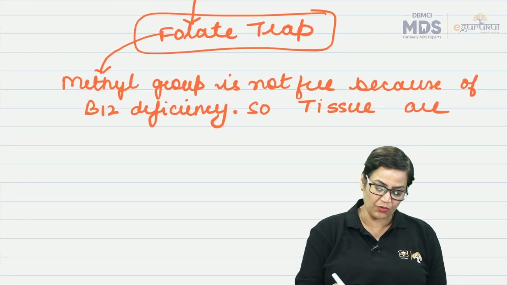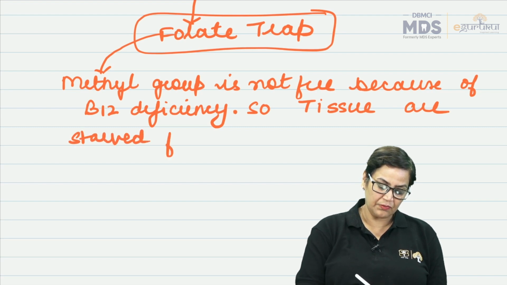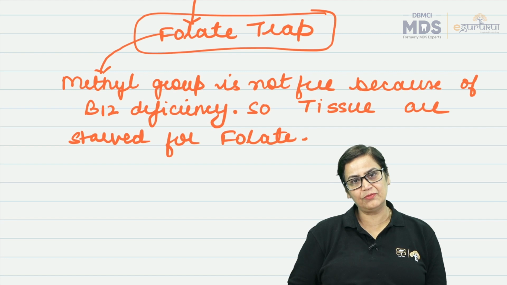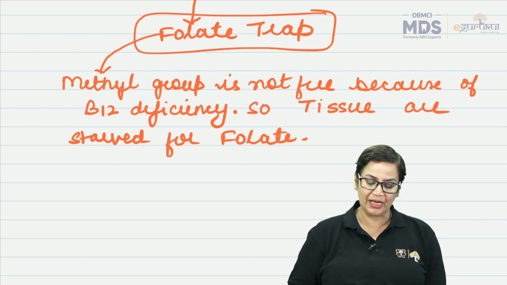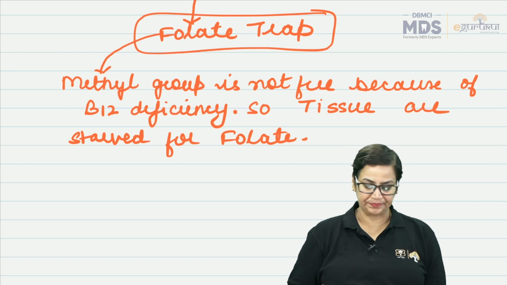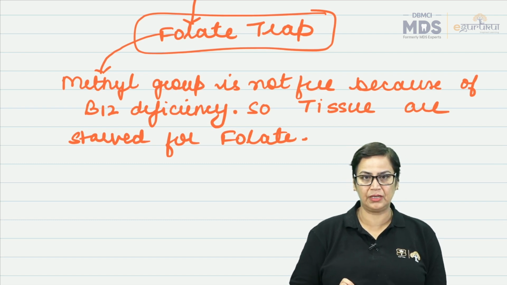Tissues are starved for folate. So no one carbon metabolism will be there, no methyl group will be donated, and it will lead to folate deficiency. Clear? So this is very important.